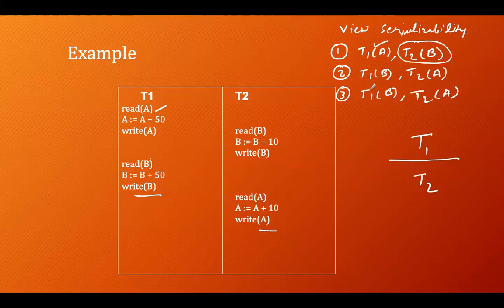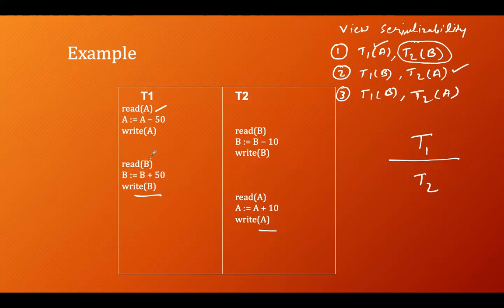Who is reading the updated data on A? Here, if you see, T2 is reading the updated data. It is preserved. What about B? Who is reading the updated data on B?